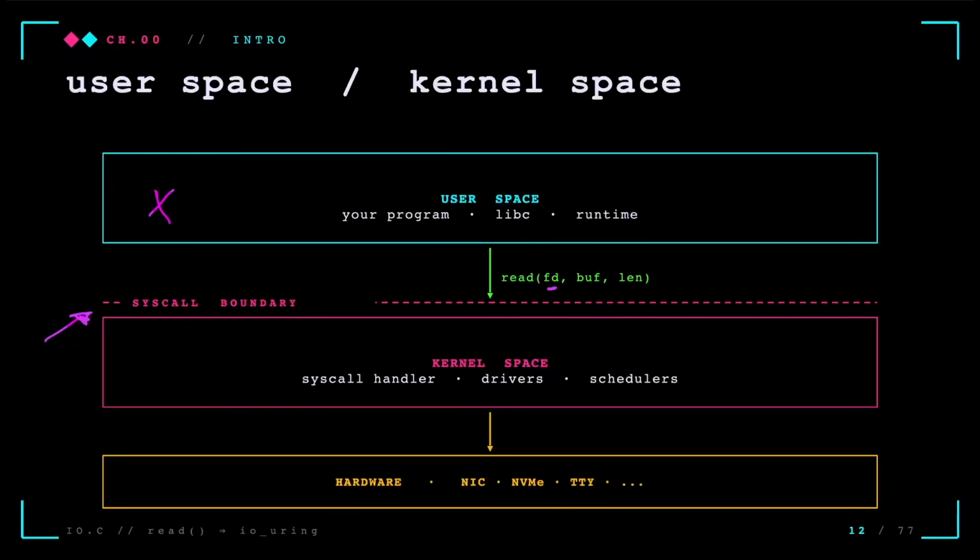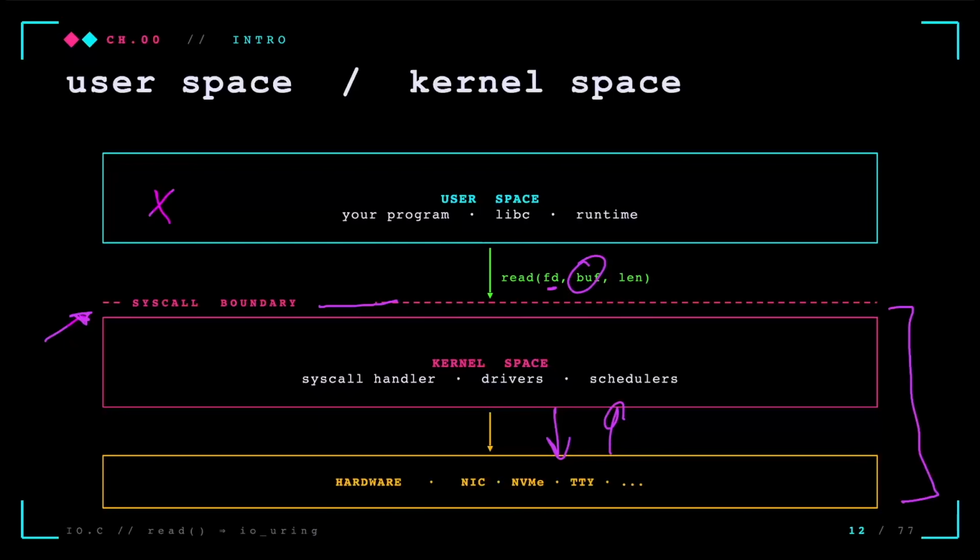The moment the CPU is at the read instruction, it's going to traverse the syscall boundary and switch into kernel space. In kernel space is where the syscall handler is, where the actual implementation of read executes. It's going to communicate with the hardware and do what it needs to do. Then it's going to give you the data back in your buffer, and your code continues in user space.